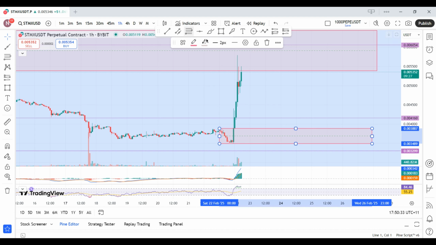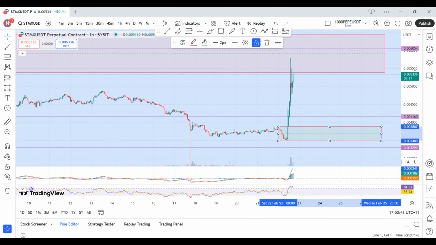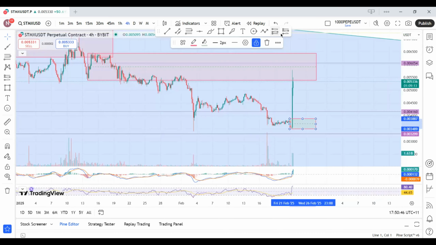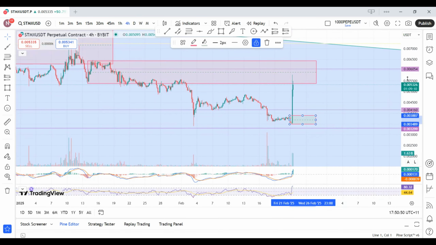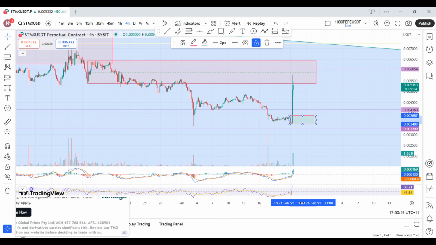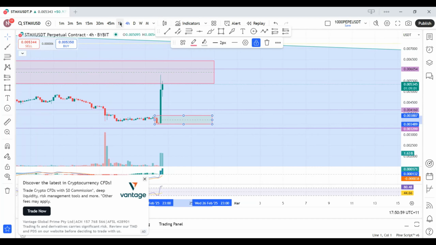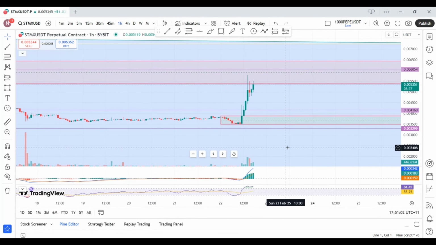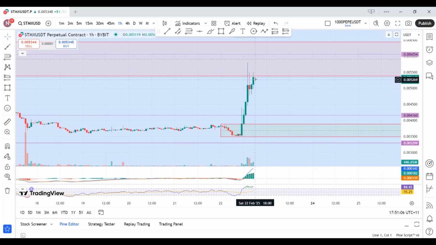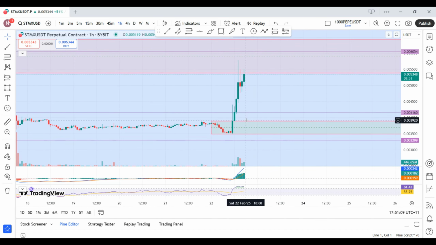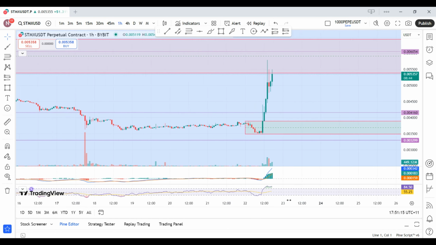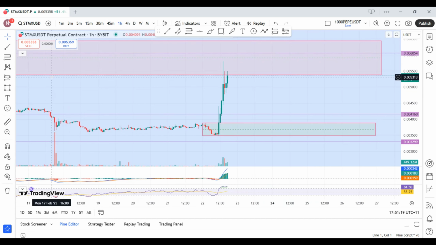I'm going to change the color so that it doesn't confuse me. Usually with this kind of setup, once you make a zone like this, a lot of people enter here.